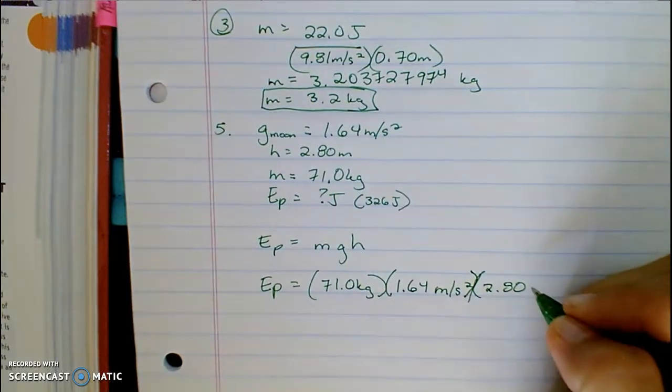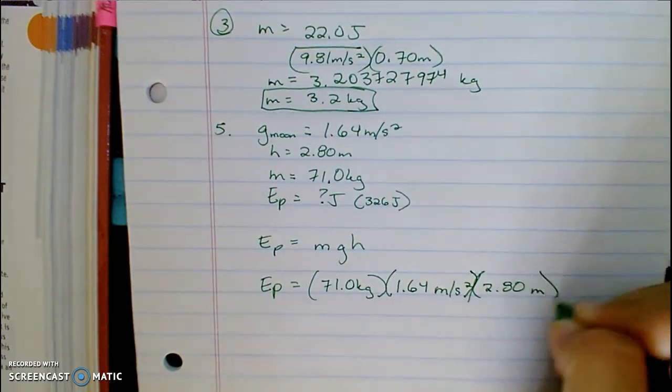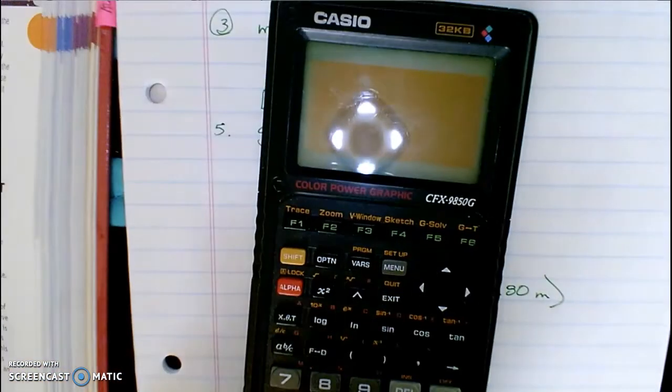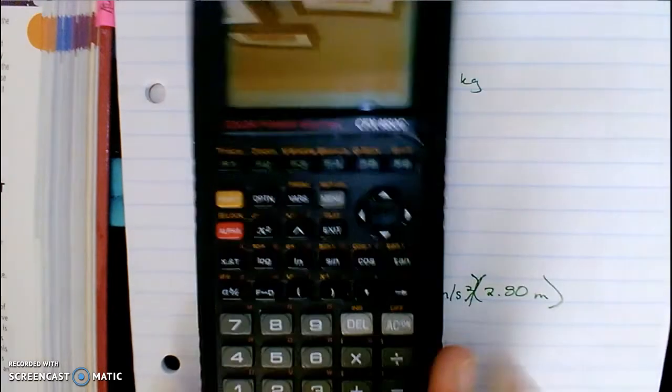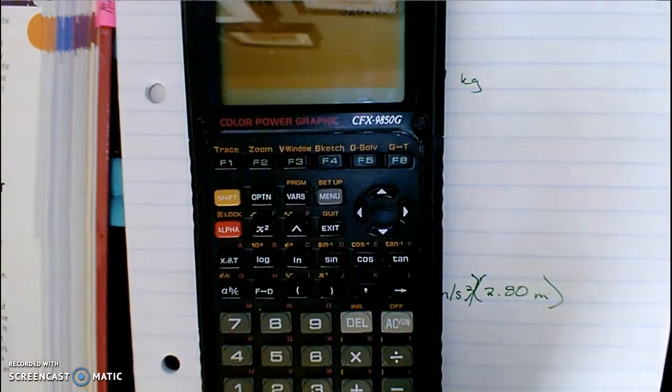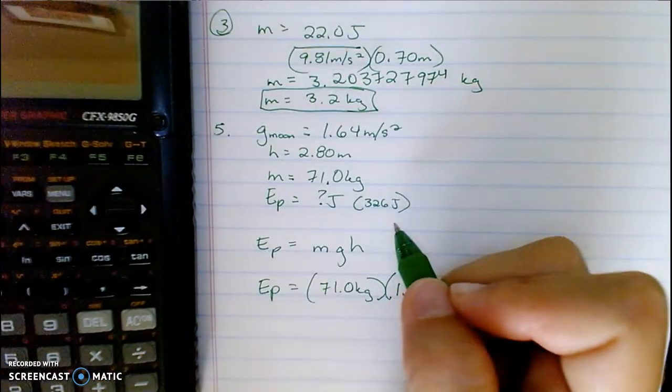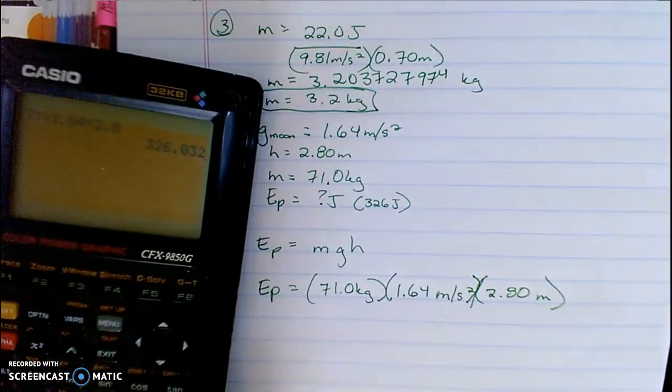We're happy about that. Okay, we have good units. So 71 times 1.64 times 2.8. Okay, did we get 326? We did. Hooray.